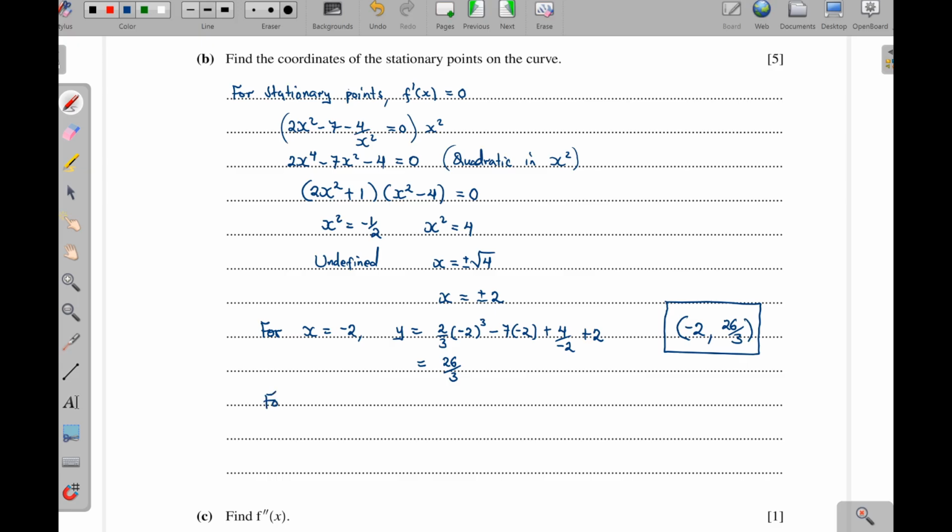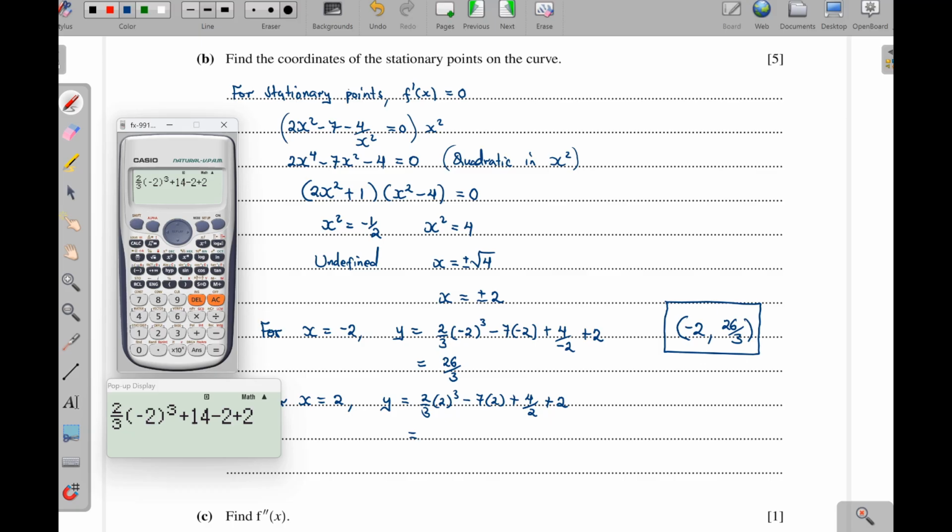And then also for x, which is equal to 2, what will be y? So y will be 2 over 3, then times the 2 here cubed, then -7 times 2, and then plus 4 over 2, then plus 2. What does this one give us? Where there is a -2, I'll put a +2.